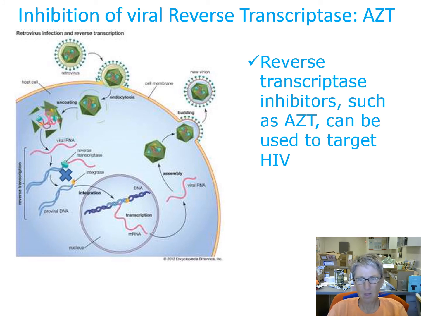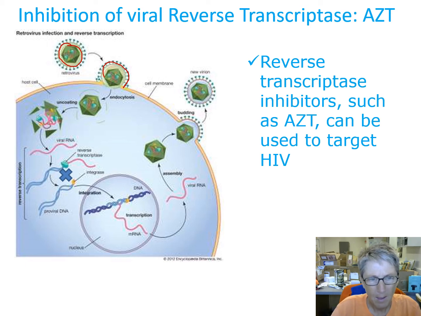Okay, AZT is a reverse transcriptase inhibitor, and that can be used to target HIV. So let's take a look at the cartoon. HIV is a retrovirus. So here's the virus, attaches to the host cell, a helper T cell, and the virus is endocytosed into the helper T cell. The virus uncoats, and then you have free viral RNA in the cytoplasm.